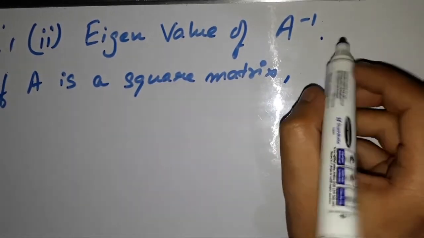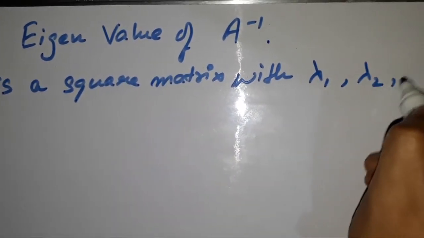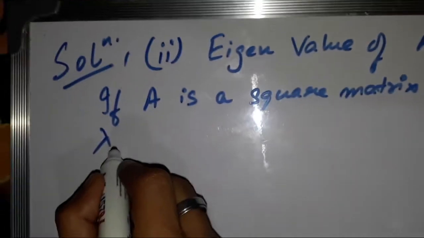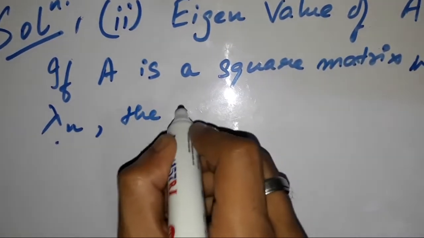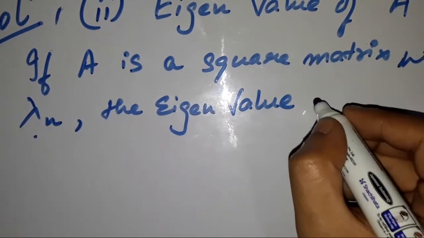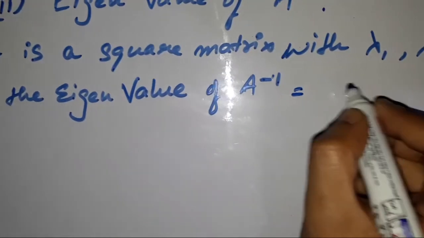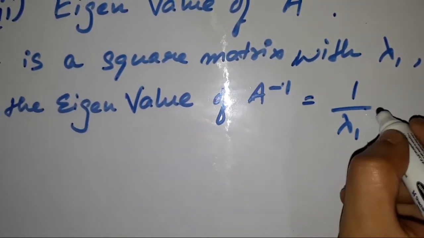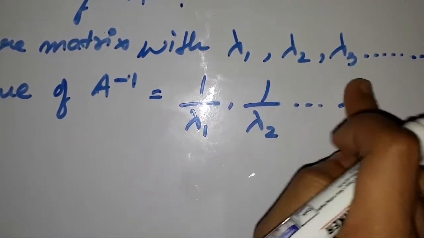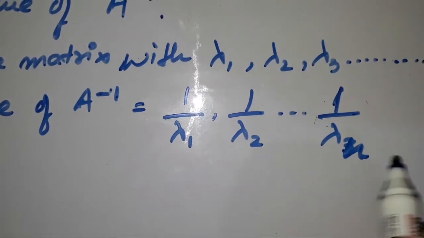So if A is a square matrix with eigenvalues lambda 1, lambda 2, lambda 3 till lambda n, then the eigenvalues of A inverse will be 1 by lambda 1, 1 by lambda 2, and so on, till 1 by lambda n.